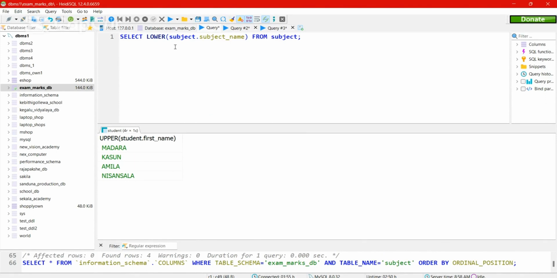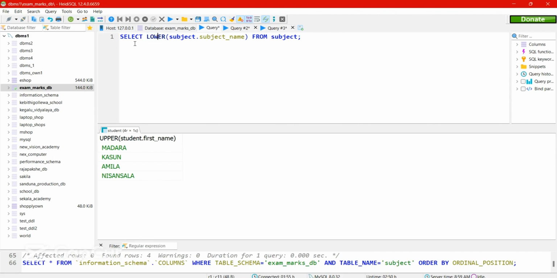You can see here we have used the keyword called lower. This keyword helps us to get the results in simple letters. So in the first question we saw, if we need to get the results in capital letters, we used a keyword called upper.